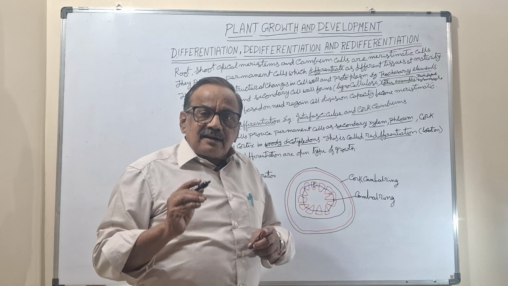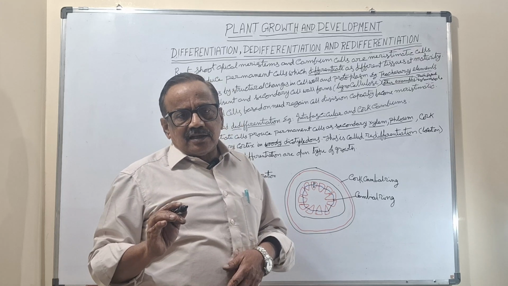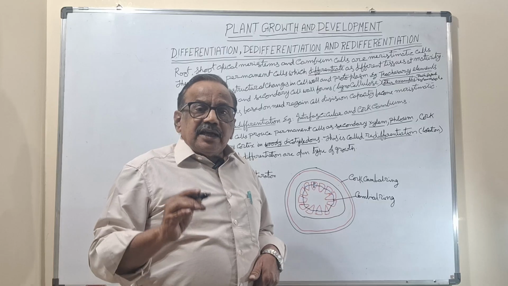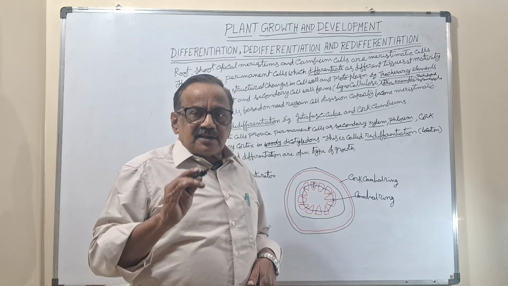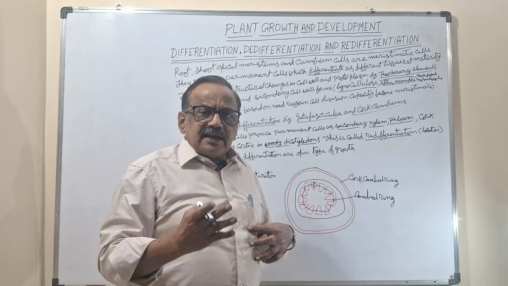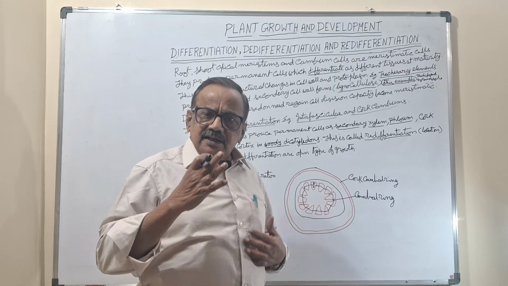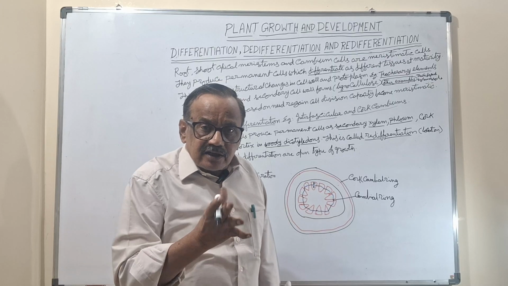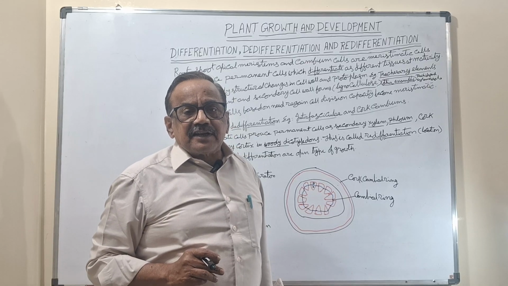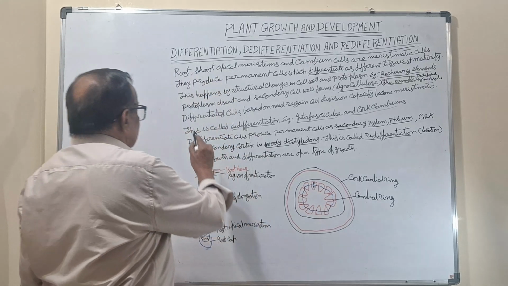But the cells do not have dividing capacity. So some of the cells, mainly parenchyma cells, living cells, will regain the capacity of cell division and convert into meristem. That is called dedifferentiation. That one he has written.